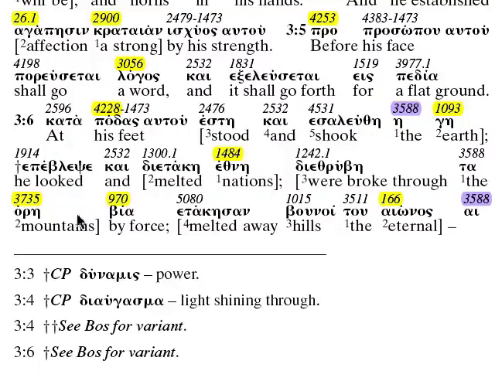The mountains, the ori and oros are derivatives, were broken through by force. Bia, we have a biathlon. It's an athletic endeavor by force. The eternal hills melted away.